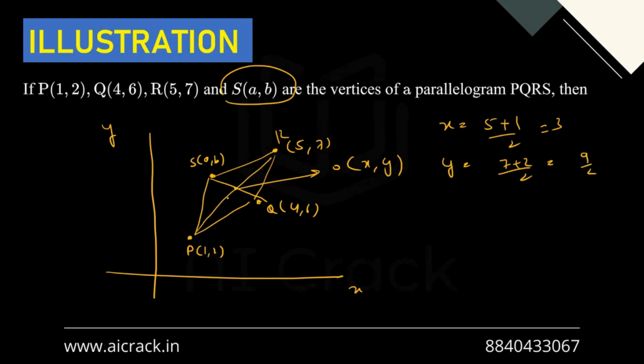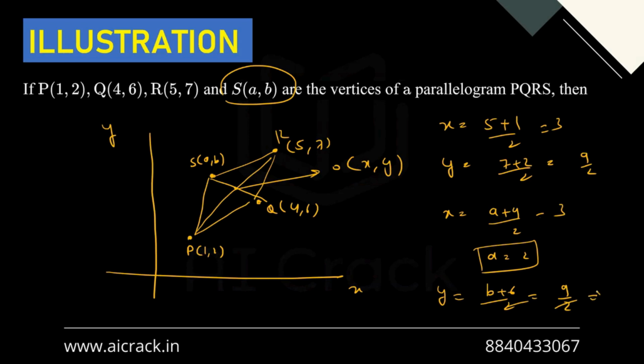And using these two coordinates, S and Q, we can get X equals A plus 4 by 2, and that is 3. So basically A equals 2. From here, this becomes 6, and 6 minus 4 is 2. Similarly, Y equals B plus 6 by 2, and that is 9 by 2. So basically B equals 3. So we have got our point 2, 3.